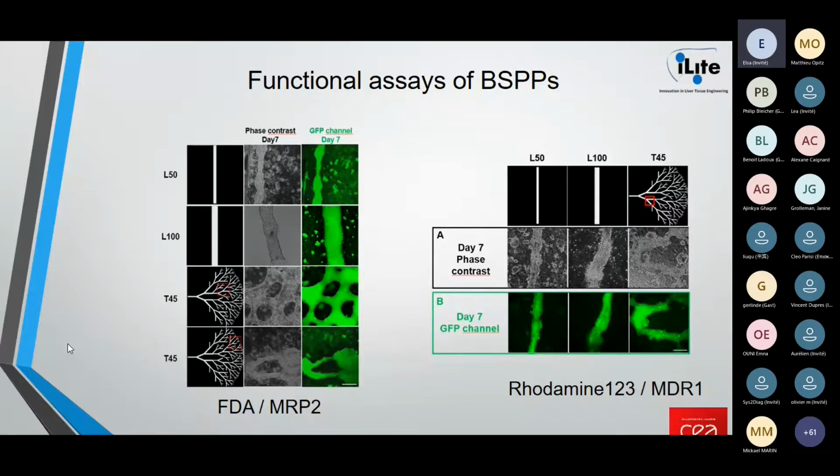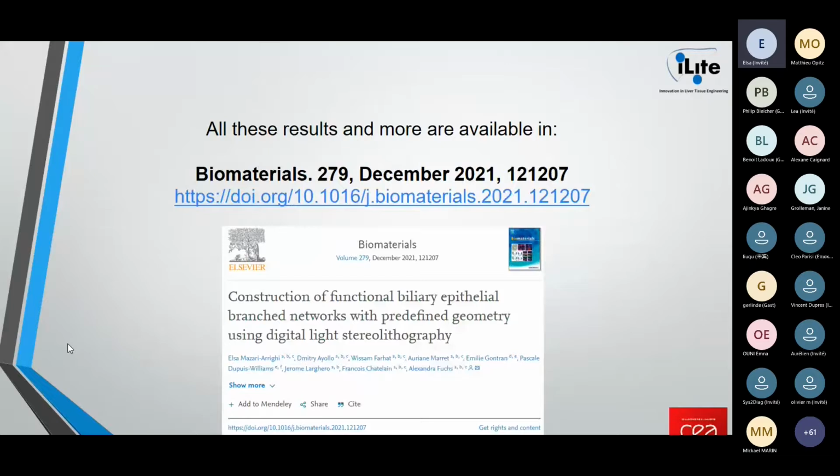So for us, it was a successful formation of intrahepatic bile ducts. We published all our results and more in this publication. Do not hesitate to go and see it if you want to know more, or if you want to cite us. You are very welcome.